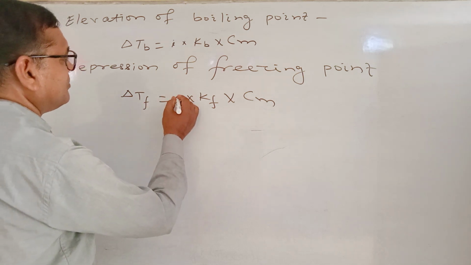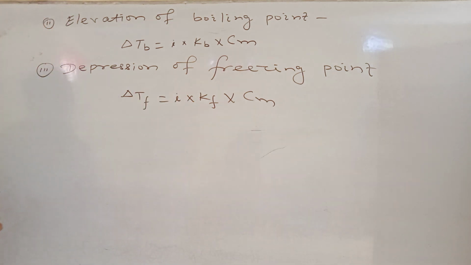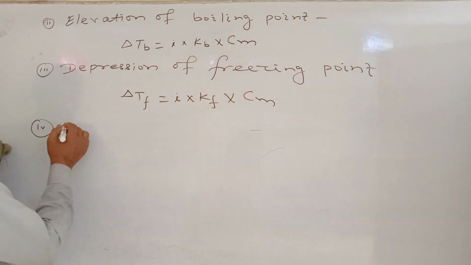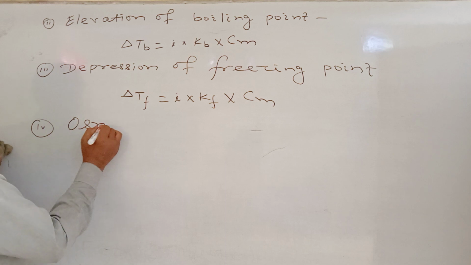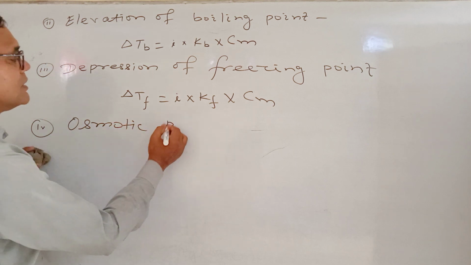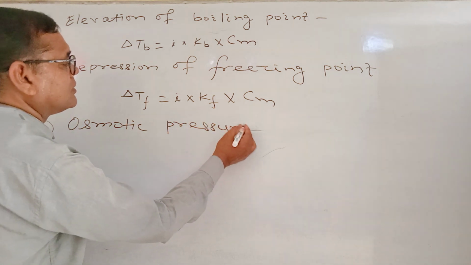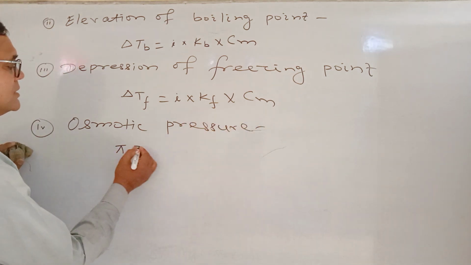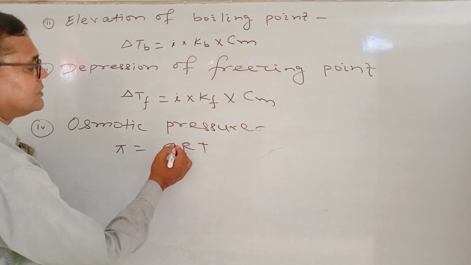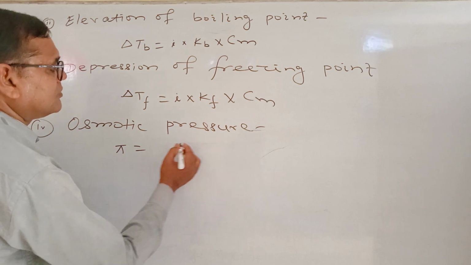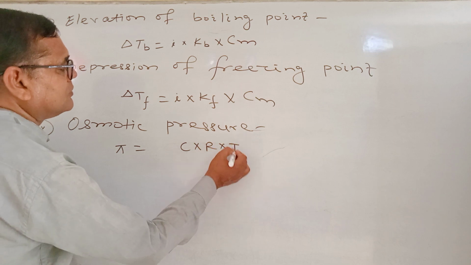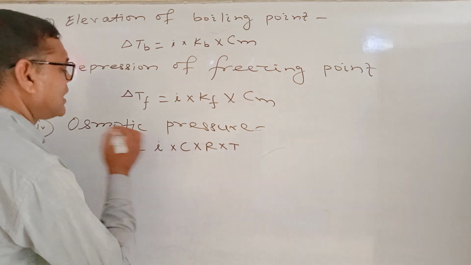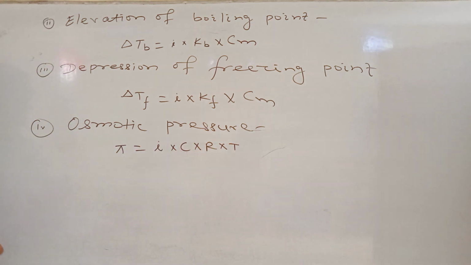Therefore, here we multiply i. We write the fourth colligative property, osmotic pressure. The formula is pi is equal to CRT. We introduce i and convert it into a modified formula.